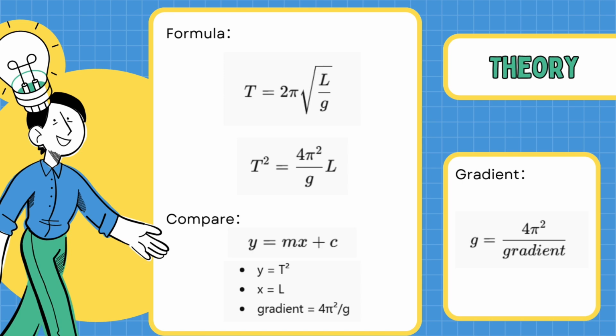Therefore, after obtaining the gradient from the graph, we can calculate gravitational acceleration using g equals 4 times pi squared over gradient. Since the intercept is 0, the theoretical graph should pass through the origin.